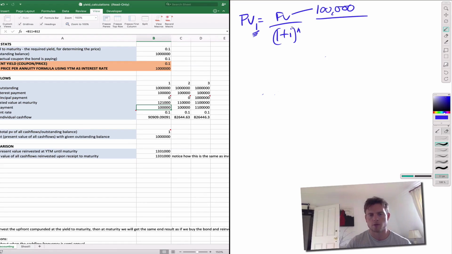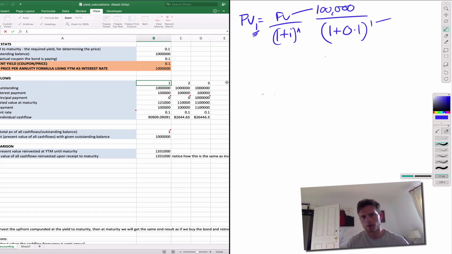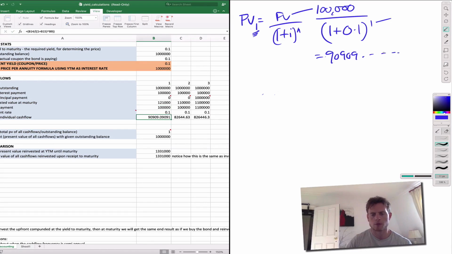And for the first period, 100,000 divided by 1 plus i, which is 10%, so 1 plus 0.1 to the power 1. Because it's 1 year, right? The cash flow 1 is happening 1 year from now. So that comes out as 90,909, something like that, right?